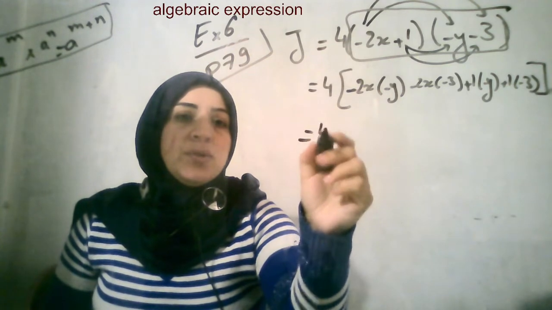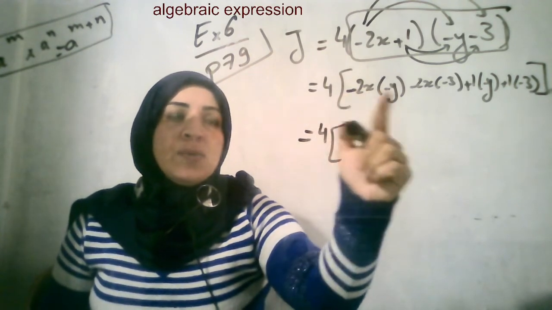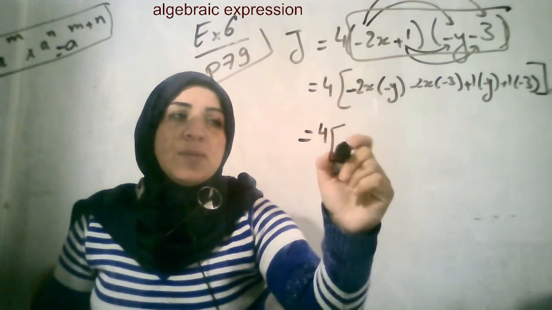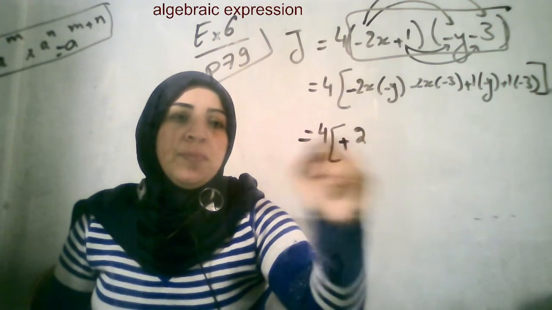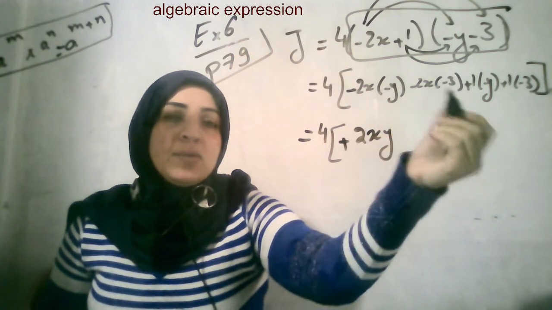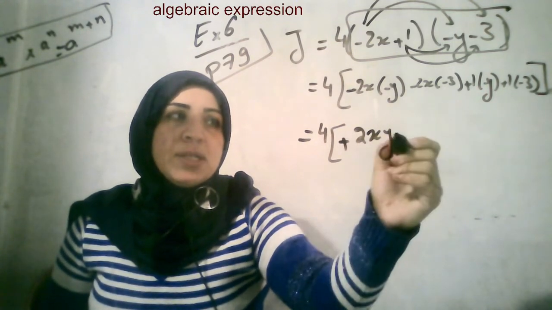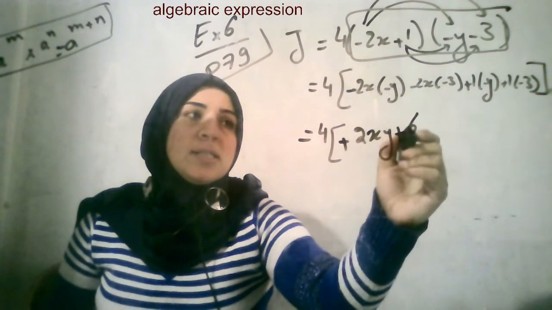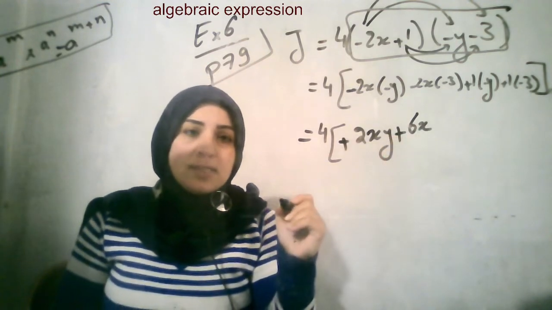So it's 4 into minus 2x times minus y, minus times minus is a plus, 2, x times y is xy. Now, minus 2x into minus 3, minus times minus is plus, 2 times 3 is 6, and we write the x.